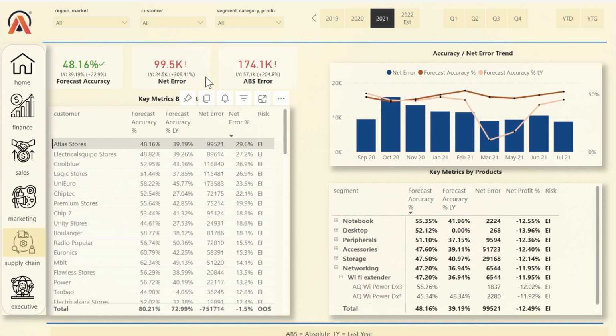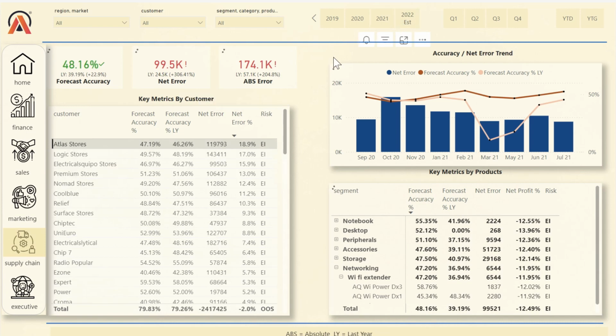Net error is a bit different. It goes more to a general level. It doesn't go into detailed granular level. Talking about forecast accuracy, the forecast accuracy basically is the division of the absolute error by the forecast quantity, and if you like you can convert it into percentage.